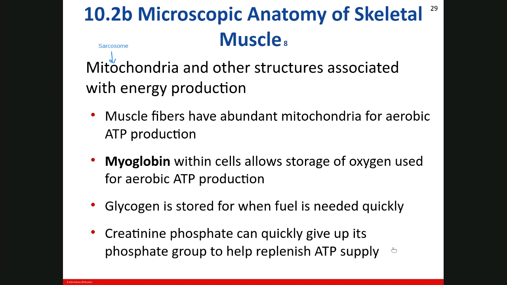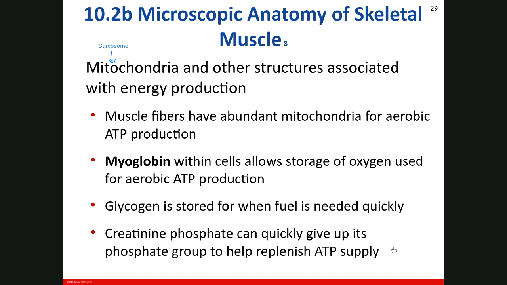So you need to know that we have many mitochondria. We have myoglobin. The myoglobin is responsible for the red color of your skeletal muscles, and it can attach to oxygen. You need to know that if this protein is located in our blood cell, we call it hemoglobin.